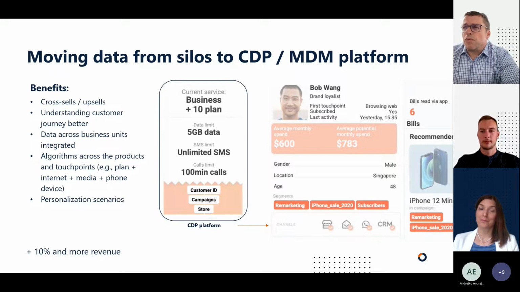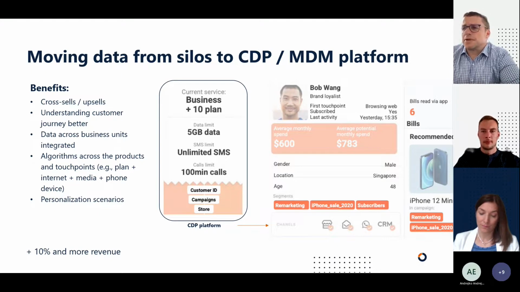When we have Bob Wank over here on the slide as the customer, he's using a 5 gigabyte data plan and 100 minutes of calls. And what we want him to do is basically to upgrade his plan or optimize his plan according to his needs.